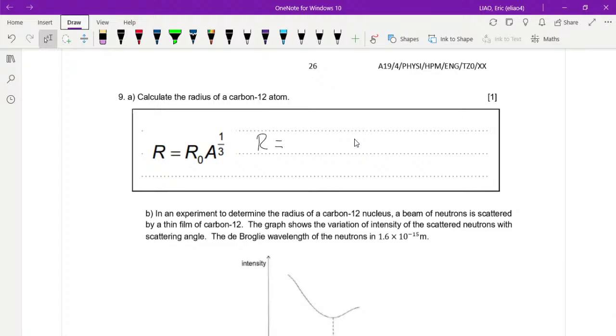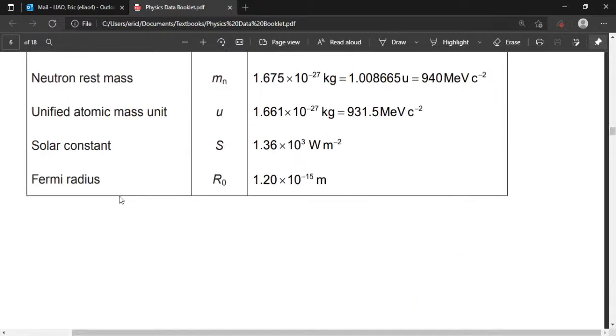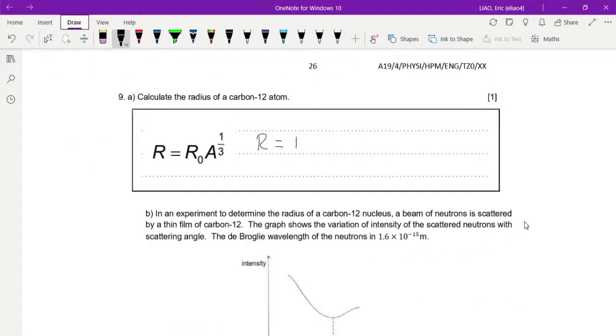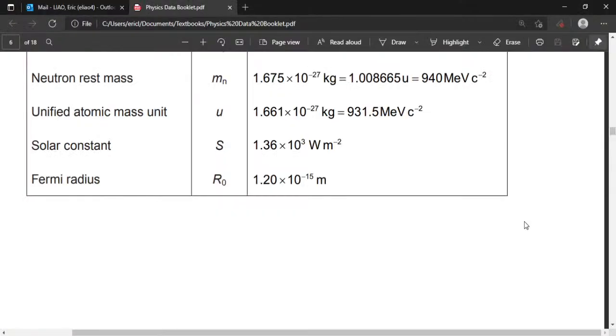This is known as the Fermi radius, I'm pretty sure. R0 is 1.2 times 10 to the negative 15, times A. So A in this case is either 12 or some other number.